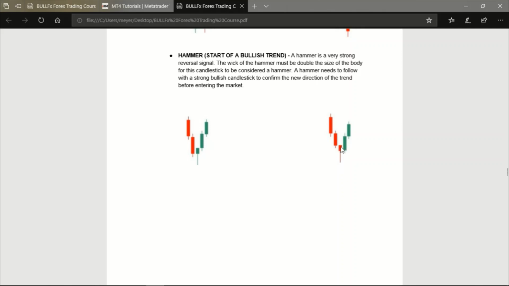It then closed to the top side of the candlestick, which then formed a body on the top, and it is now followed by an engulfing green or bullish candlestick and another bullish candlestick. And this shows us that the market is now starting to trend upwards.